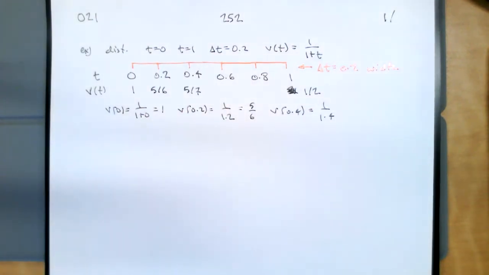That's where we get the width of each of these rectangles, and the v of t will be the height of each rectangle. And we can either use the left endpoint or the right endpoint.